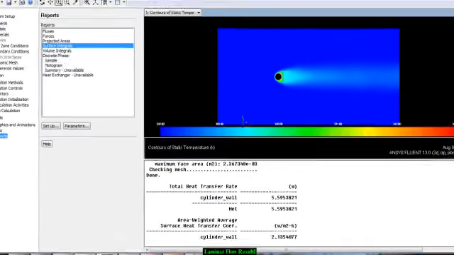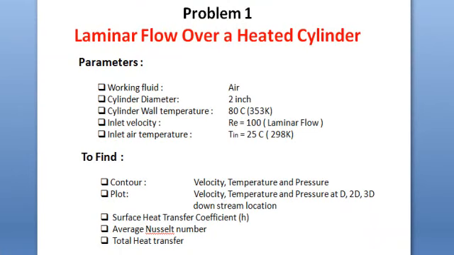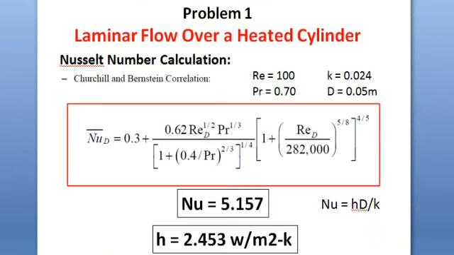If you go here, we want to check our H value with analytical calculation. This is the Nusselt number calculation, the analytical calculation for flow over a cylinder. This is a famous correlation published by Churchill and Bernstein.